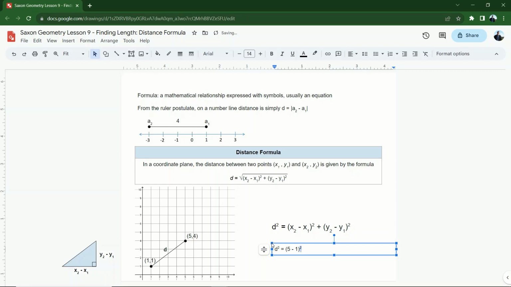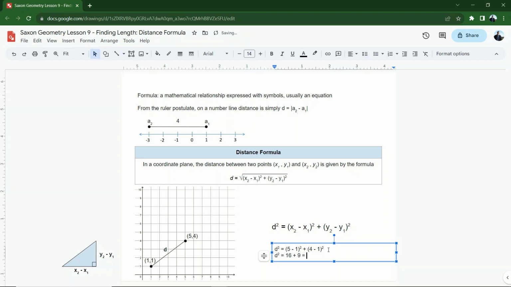And then plus y2, which is 4. y1 is 1, so 4 minus 1, and that value is going to be squared. All right, if I simplify this, I find that d squared equals, let's see, 5 minus 1 squared: 5 minus 1 is 4, I square that, I get 16, plus 4 minus 1 is 3, I square that, I get 9.